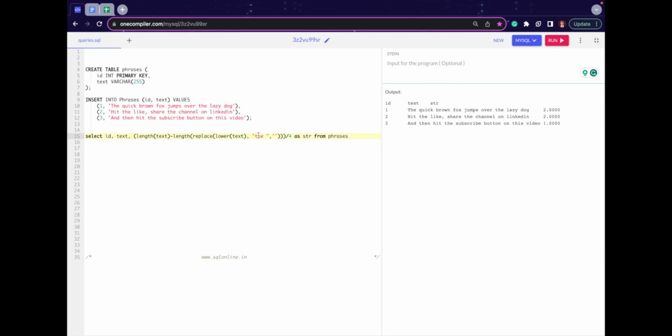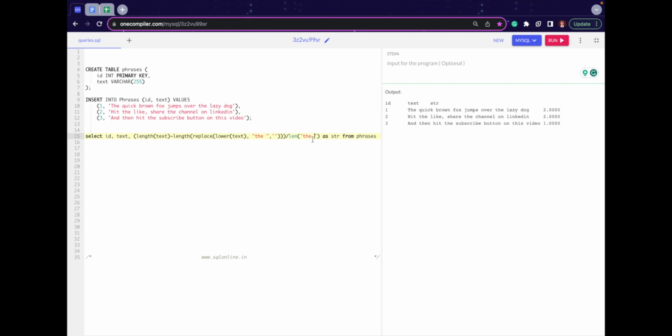And if it's any other word, you do not have to count the number of letters in the word. Let's just count the number of letters in this word using the function length of "the" and a space. It's going to replace "the" and space with nothing and divide by the length of "the" and space.